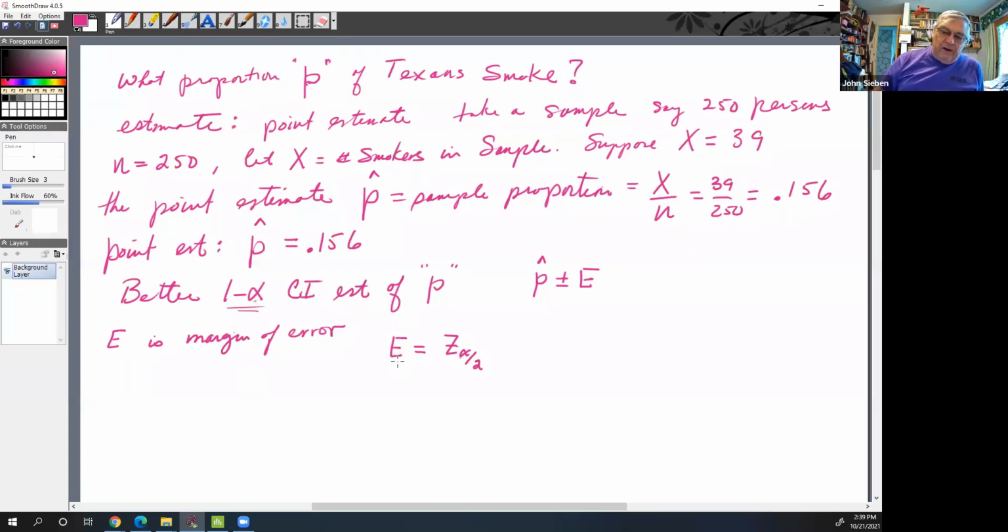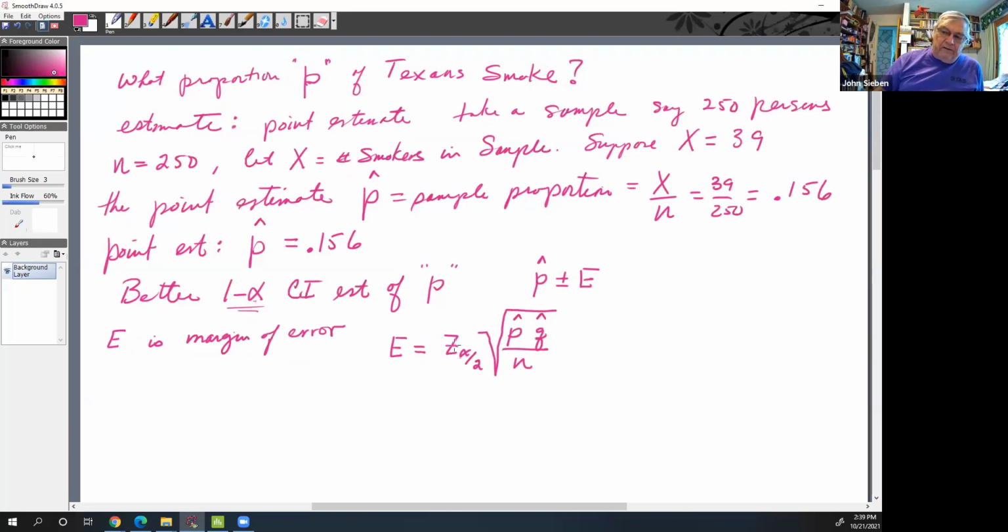So the margin of error is Z alpha by 2 times the square root of P hat Q hat over N. So that's the margin of error.